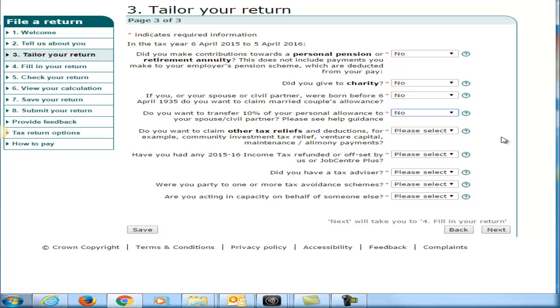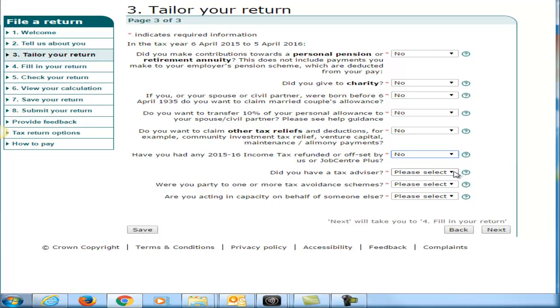And if there's any other claims you'd like to make, so various venture payments, etc., would go in here. If you've been unfortunate enough to have any time unemployed and you claim job seekers allowance, you'd mention it here, because some state benefits are taxable. The job seekers allowance is taxable.